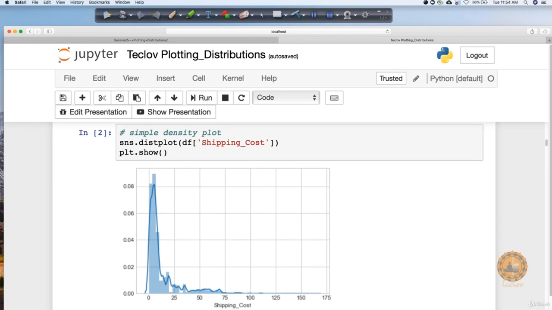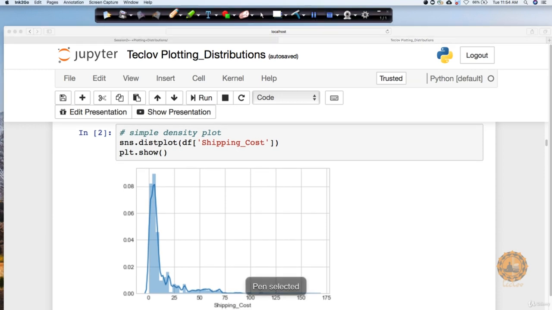Now here you can see that most of the values are falling in the lower range. Thinking from Amazon's point of view, maybe most of the items have a lower shipping cost. If you order a fridge, the shipping cost for that fridge is definitely going to be higher in comparison to, let's say, a book.